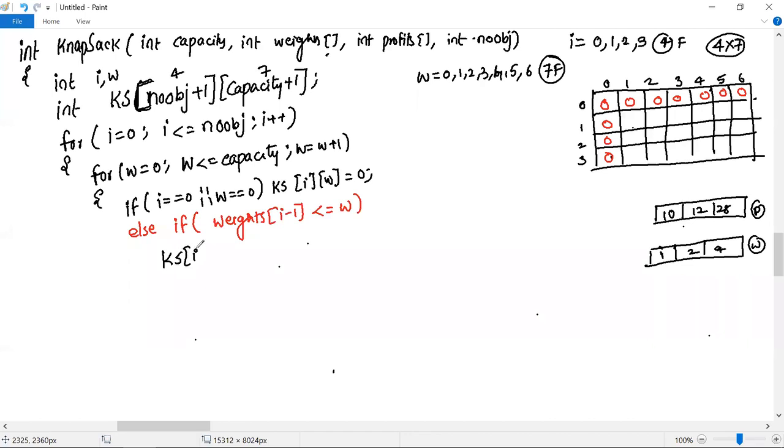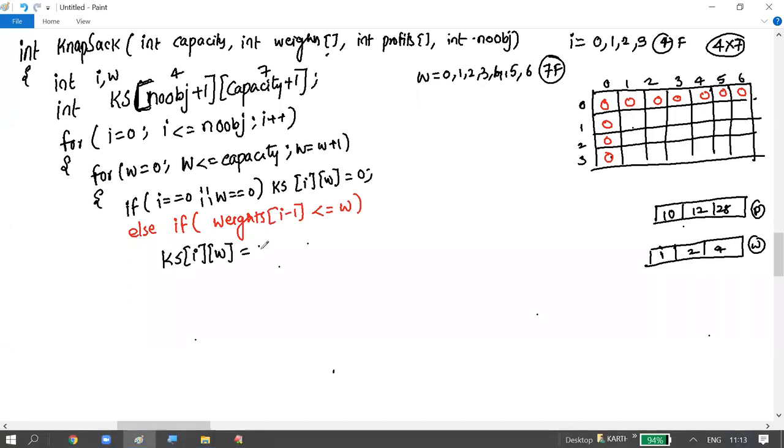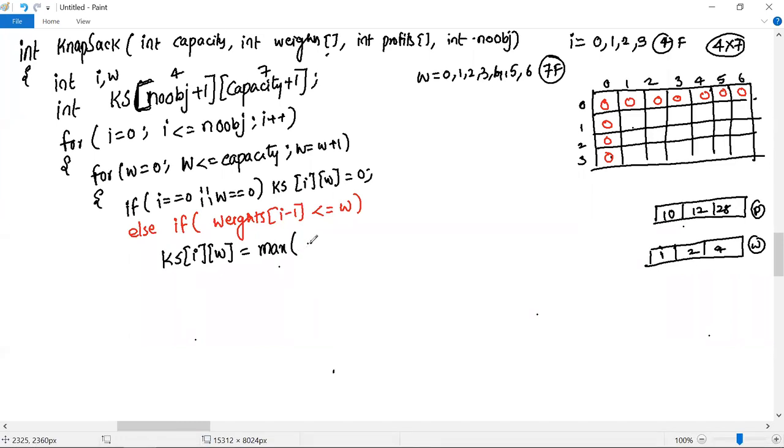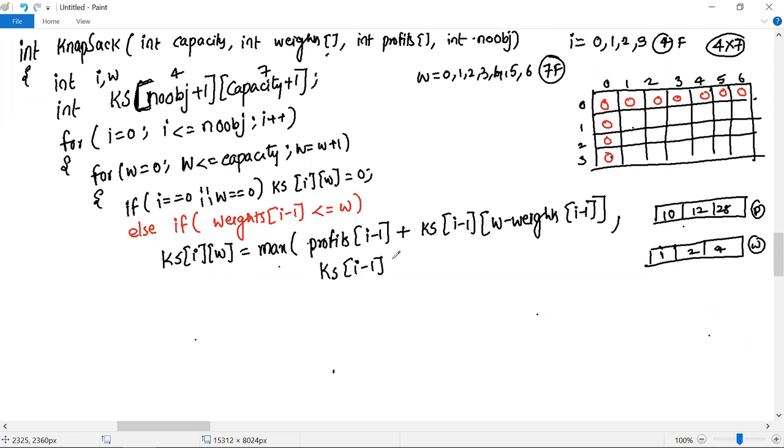Ks of I, W is equal to maximum of profits of I minus 1 plus Ks of I minus 1, W minus weights of I minus 1, comma, Ks of I minus 1, W. Yeah.